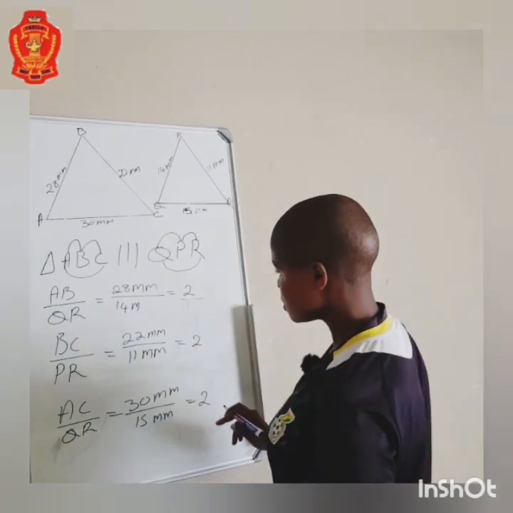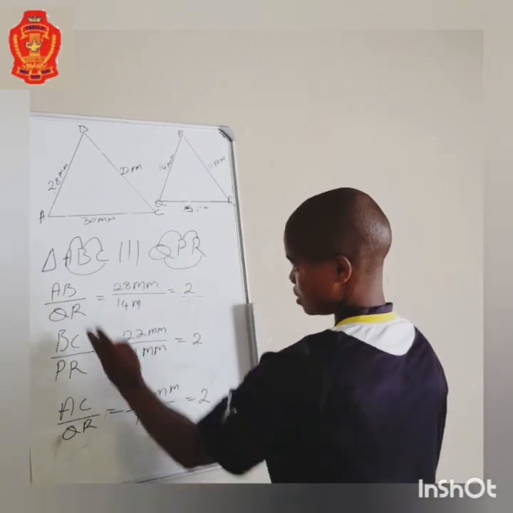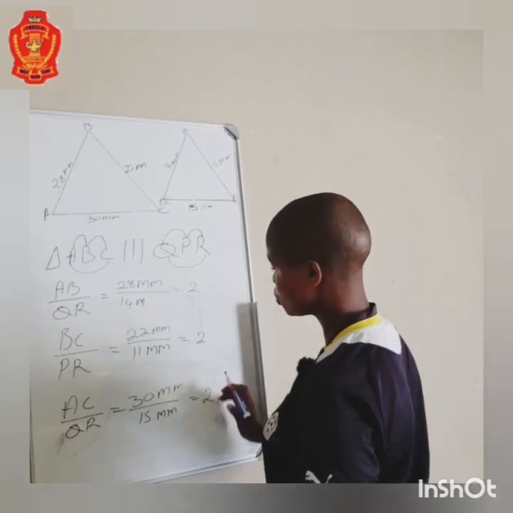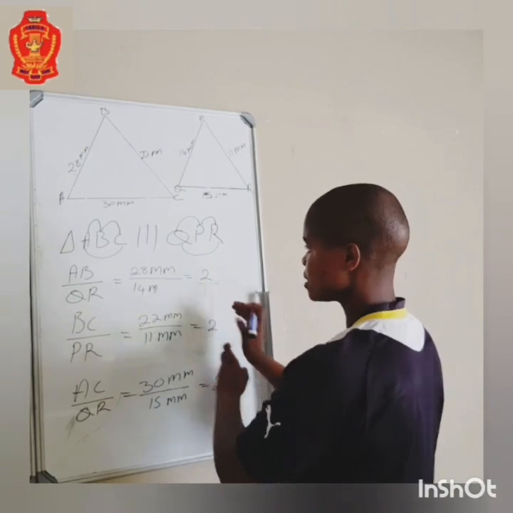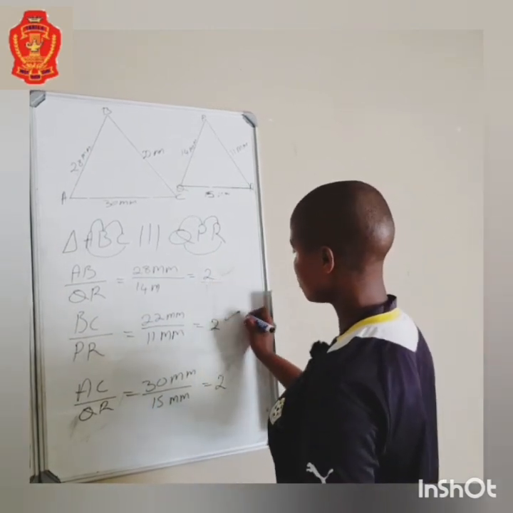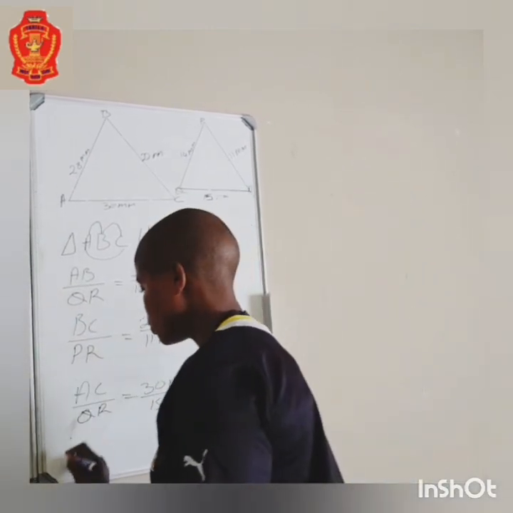The fact that all these numbers give me 2 means that the corresponding sides are in proportion. In all cases, I'm getting 2. So I'm going to conclude.